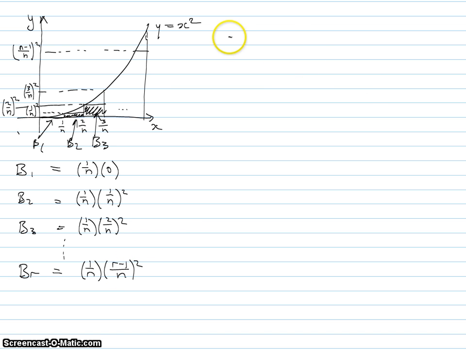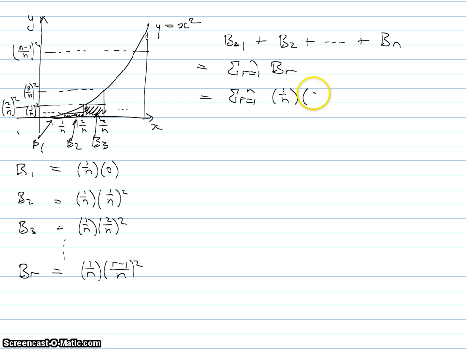So again, we're asked to find the sum of all of these smaller rectangles. And really, it's the sum from r equals 1 to n of all of my Br. That's the sum, r equals 1 to n, of 1 over n times r take 1 over n squared.